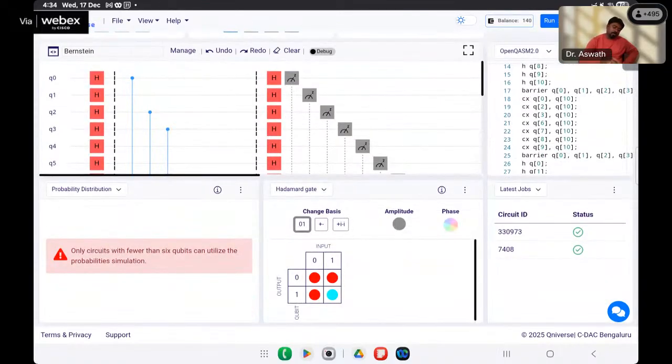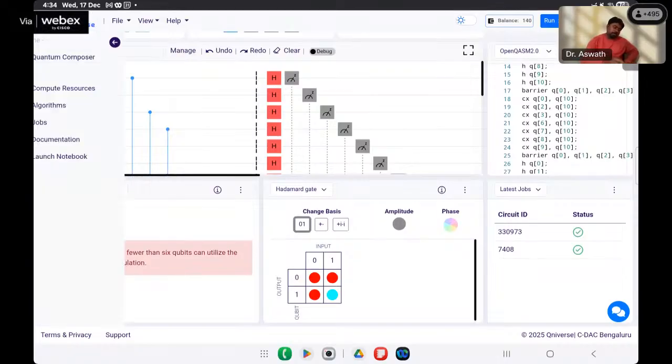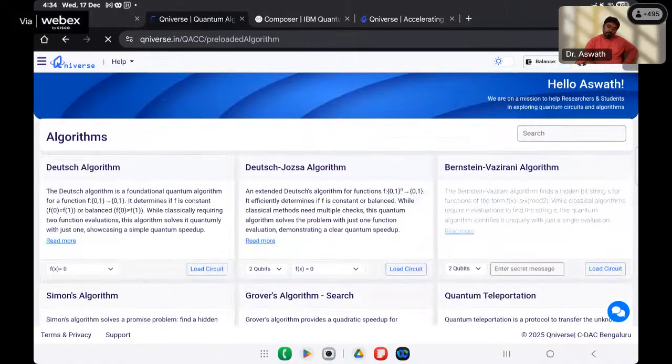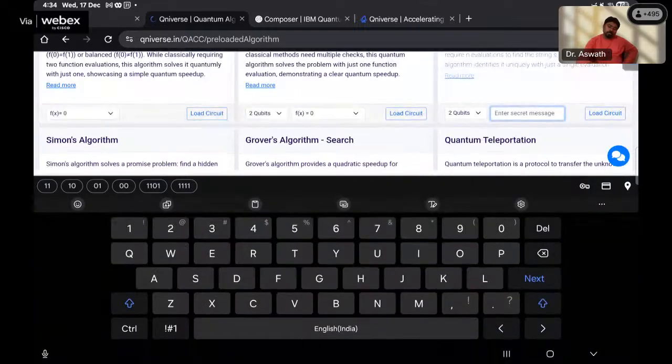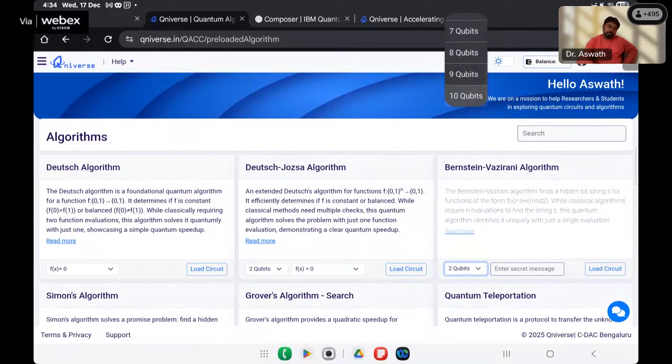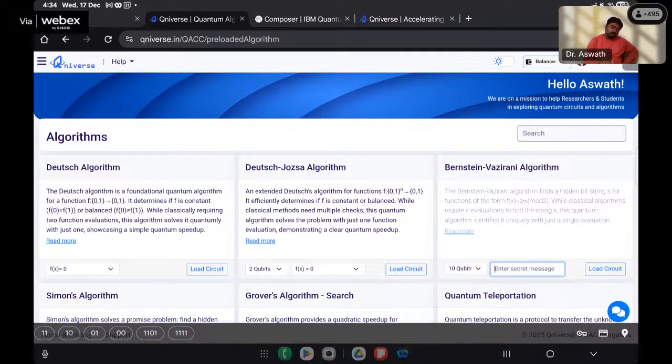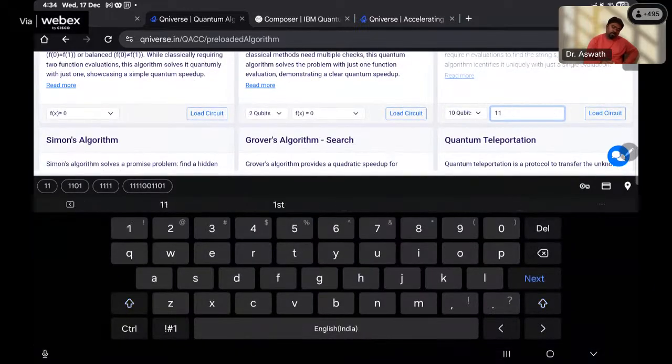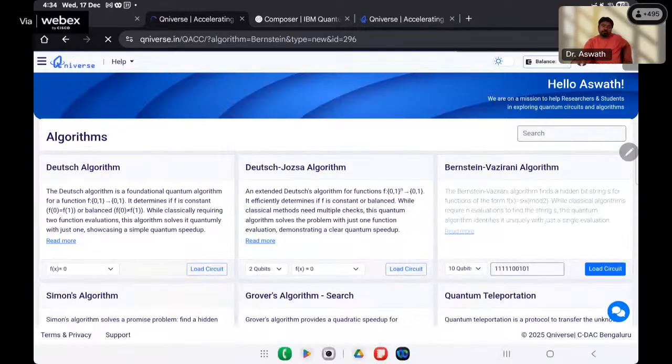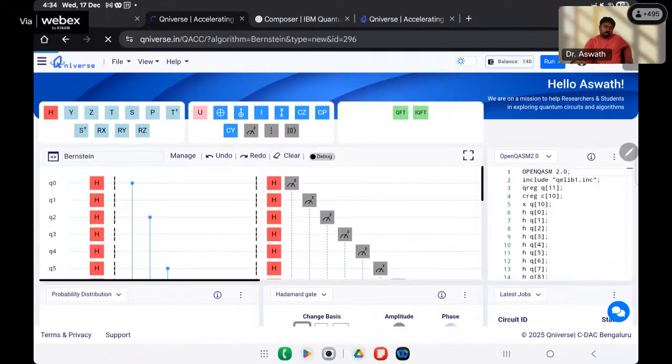So my probability distribution is, let me recreate again. 10 qubits, 1 1 1 2 3 4 5 6 7 8 9 10. Load the circuit.